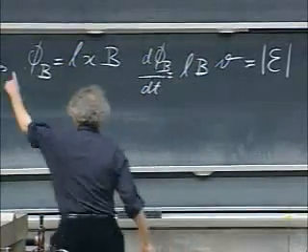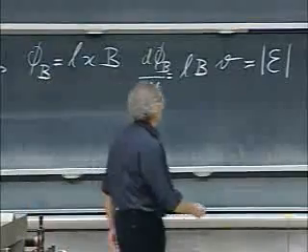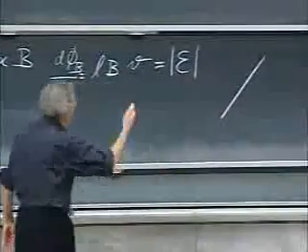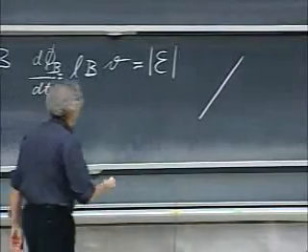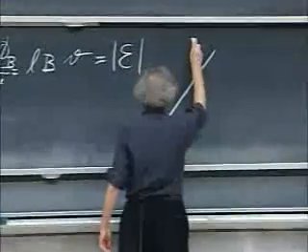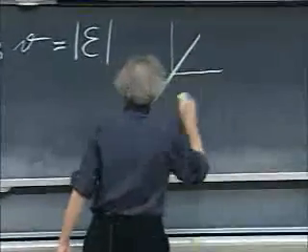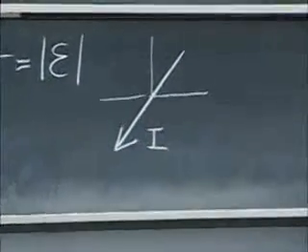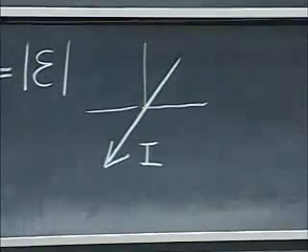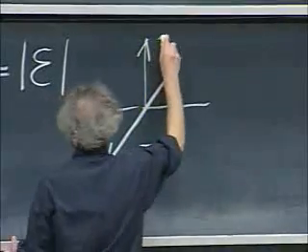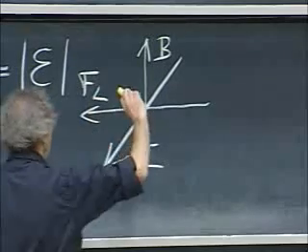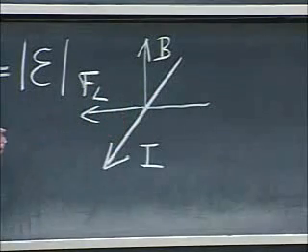If I look here at this rod, try to make you see three-dimensionally, this rod is coming straight out of the blackboard. Then the current is now coming to you. The magnetic field is pointing straight up. And so remember that the Lorentz force is always in the direction of I cross B, is in this direction.